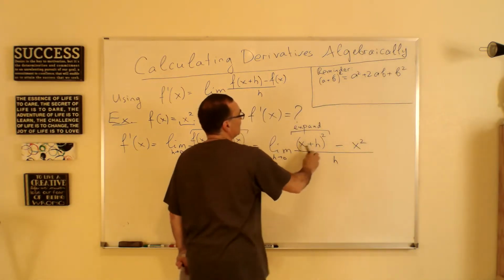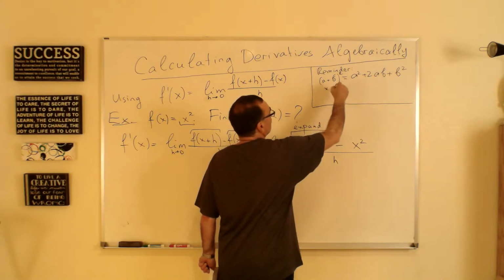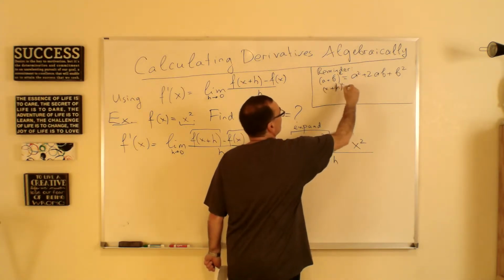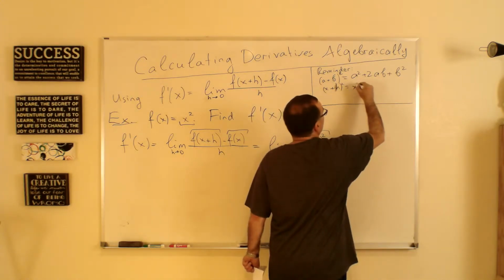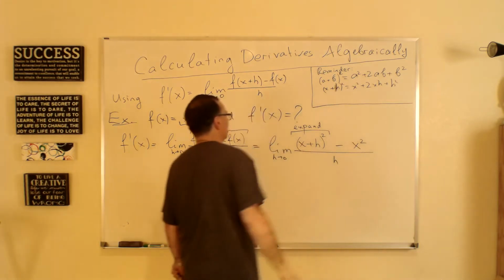So to get x plus h squared, x is my a and h is my b. So x plus h squared is x squared plus 2xh plus h squared. And this is exactly what goes here.